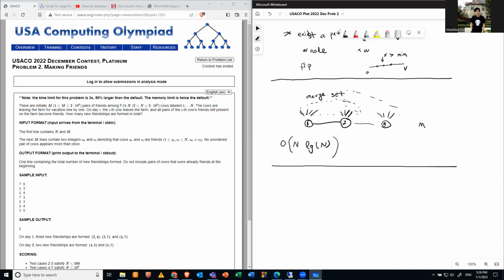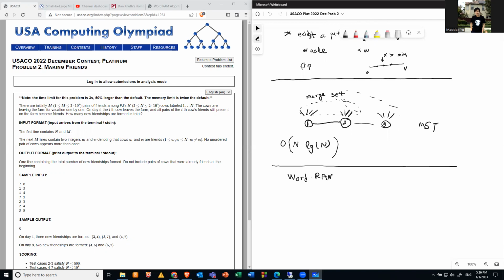Yes, MST, right? Union find, right? Very similar to MST. There is an algorithm called word RAM algorithm.